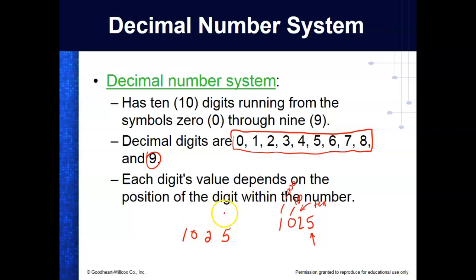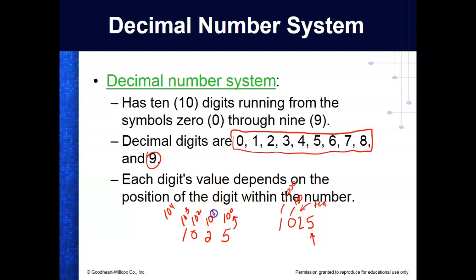This guy right here holds a weight of that number times 10 to the 0 power. This holds a weight of 10 to the first. This would be 10 to the second. This would be 10 to the third. What would the next one be? 10 to the fourth. Of course, any number raised to the 0 power is 1. You can take your calculator out and take 10,000 raised to the 0 power, and you come up with 1.